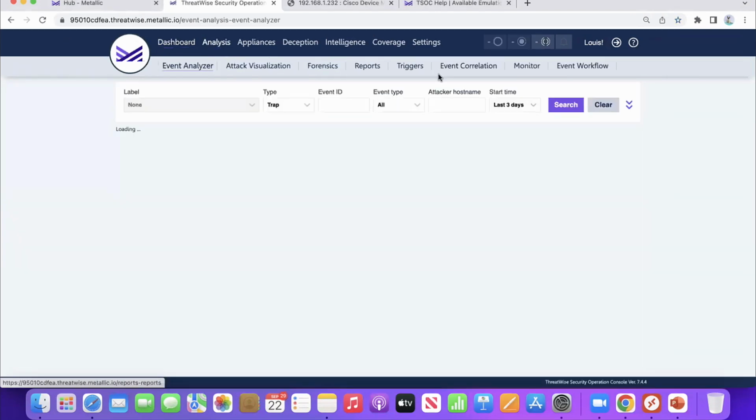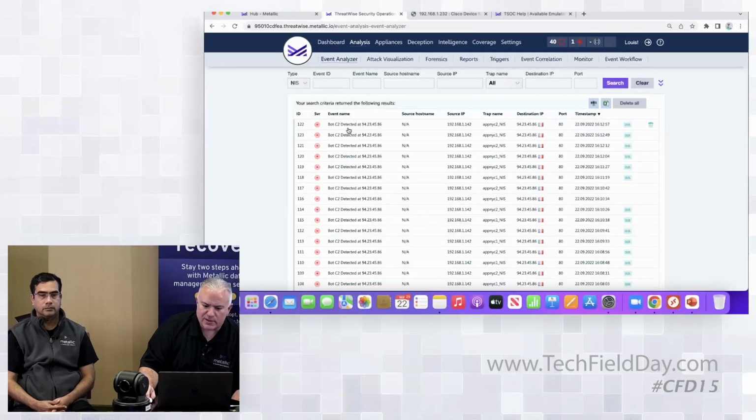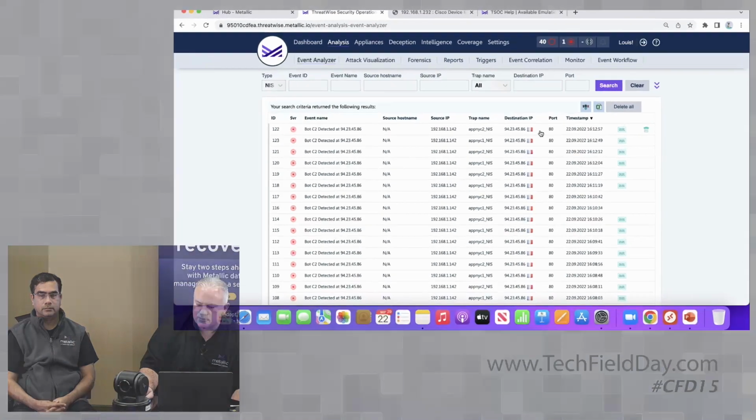If I come over here to analysis, you can see it says trap, because everything we've been talking about so far has been traps or sensors or decoys. I'm going to change this now to NIS. And you can see there was an event. Here's my IP address, 142. This is where it went. This is the port it went over.